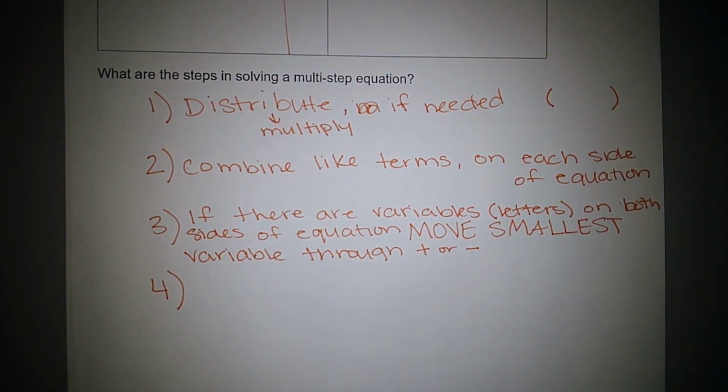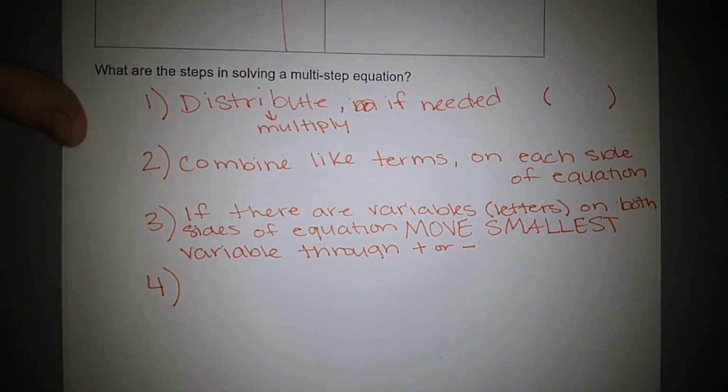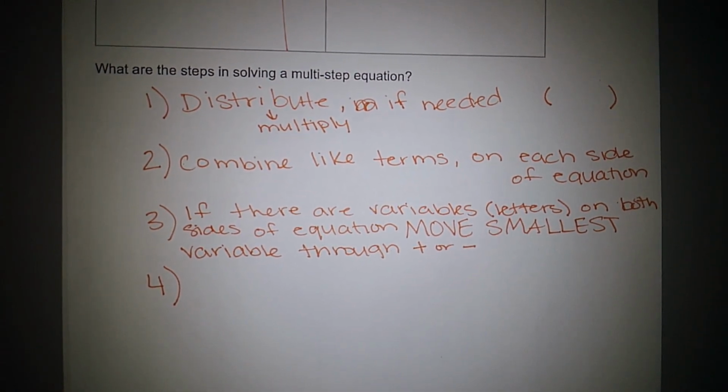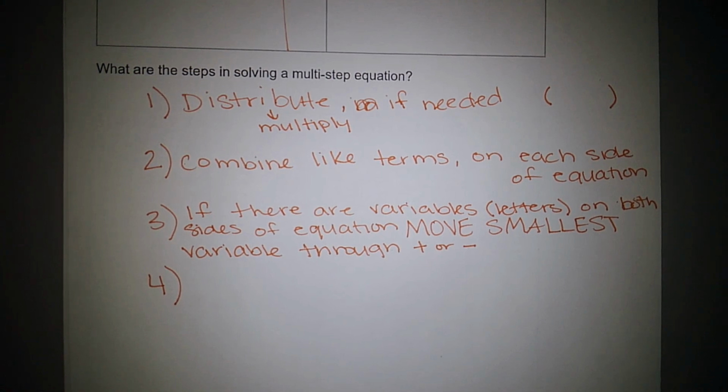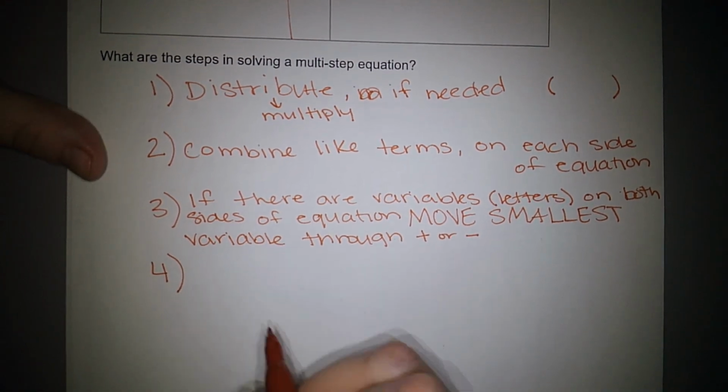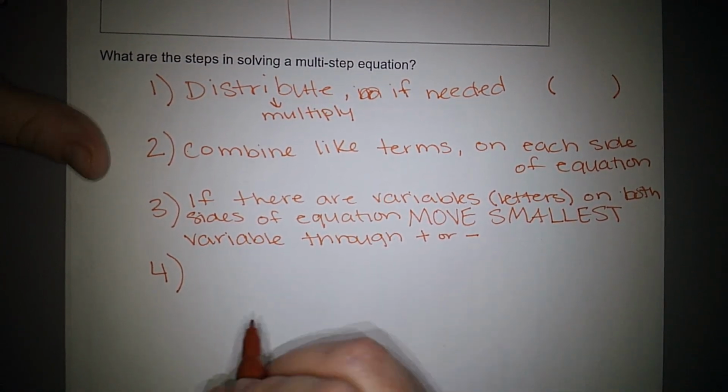And we say move the smallest one because that keeps your variable positive, but it is what it is. Some of you guys don't follow that and you just move the one on the left or the right. You should still get the same answer. And then 4 is now to solve your remaining 2-step problem.